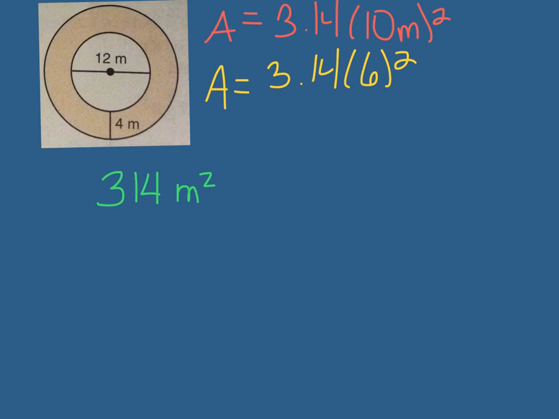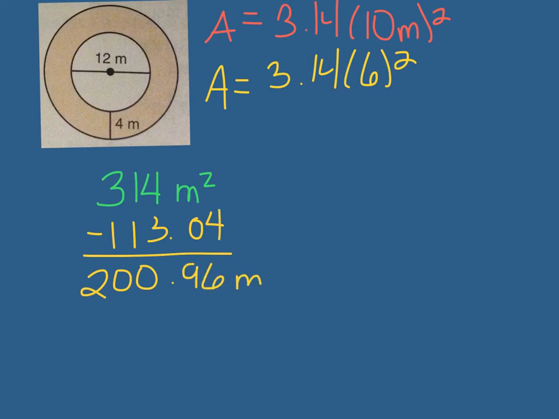So that would be 36 times 3.14, which equals 113.04. So then when I subtract those, I get 200.96 meters squared. All right, I hope that's what you were able to get as well.